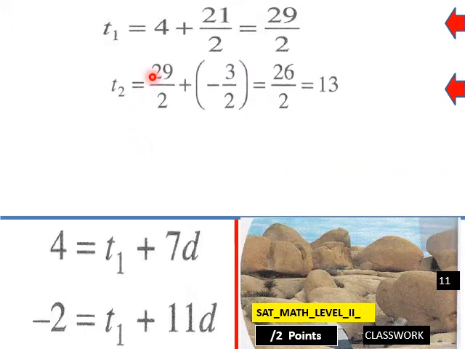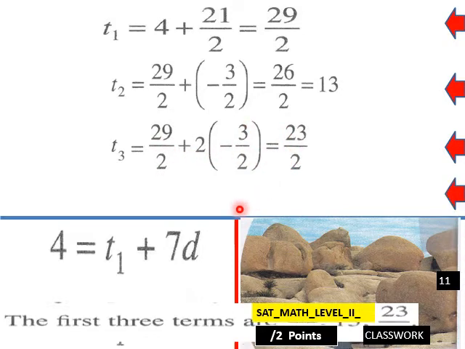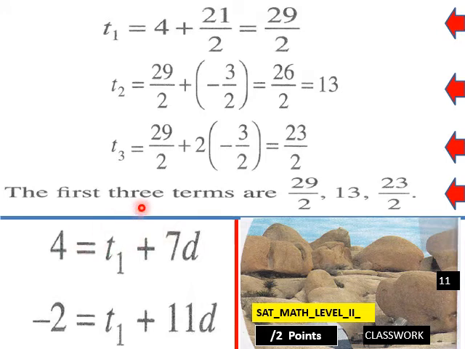So term 2 would equal 29/2 plus -3/2, which equals 26/2, which equals 13. And term 3 would be 29/2 plus 2 times -3/2, which equals 23/2. The first three terms are 29/2, 13, and 23/2.